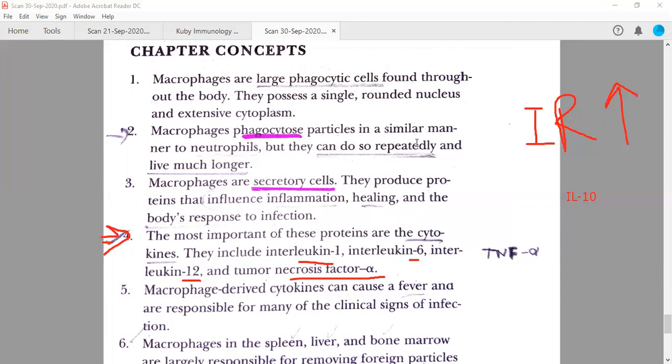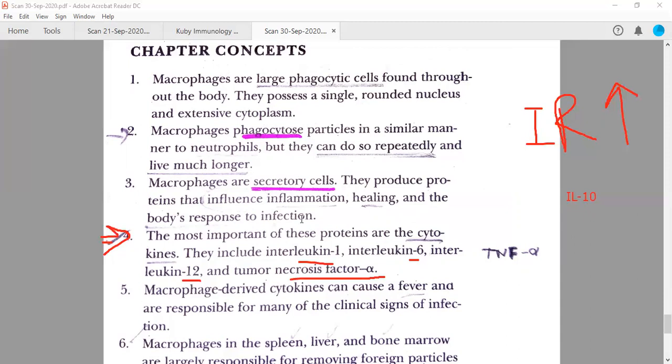They can perform phagocytosis repeatedly and live much longer than neutrophils. They are present in the tissues, where they can survive 4 months, whereas neutrophils have a lifespan of generally about 1 or 2 days, or even just hours.